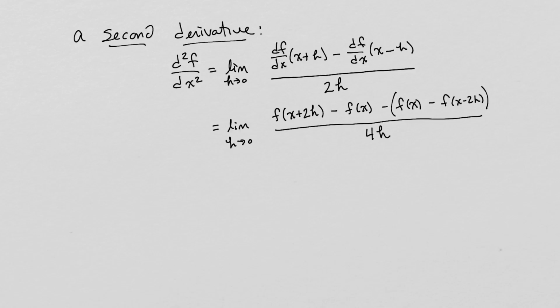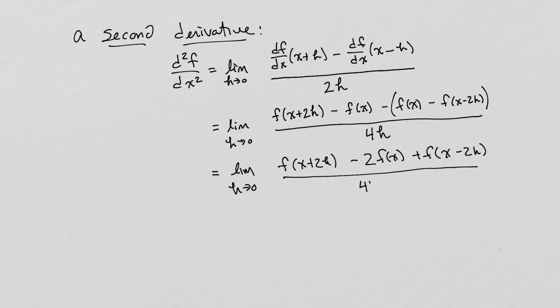I plug in what I had from the previous page, and now this extra minus sign makes it so that my middle terms don't cancel anymore, but I get the limit as h goes to 0 of f of x plus 2h minus 2 times f of x plus f of x minus 2h, all divided by 4h.